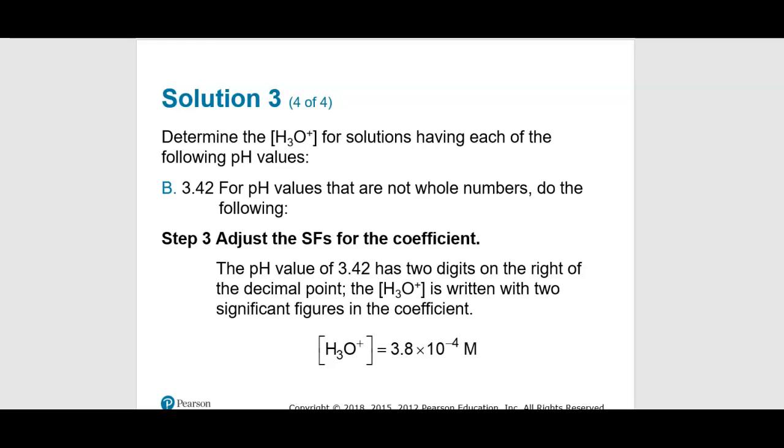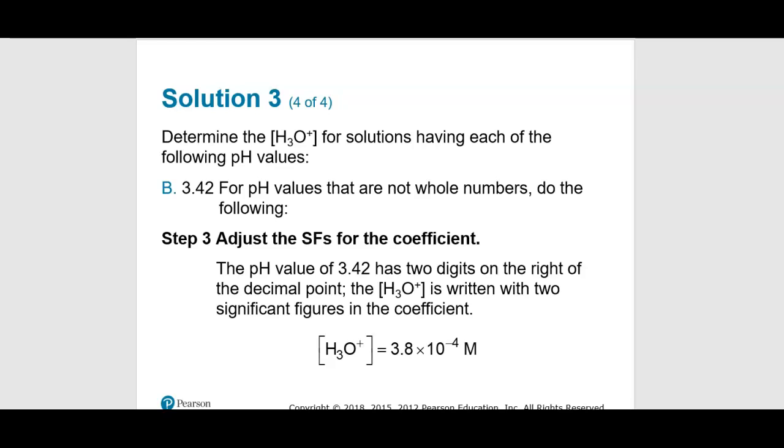You need to watch that. It's going to be easy to be confused with the pH value, where the pH value of 3.42 has two digits on the right of the decimal point. The pH has two digits to the right of the decimal point, and that's the number of significant figures in the scientific notation form. That is something you have to watch.